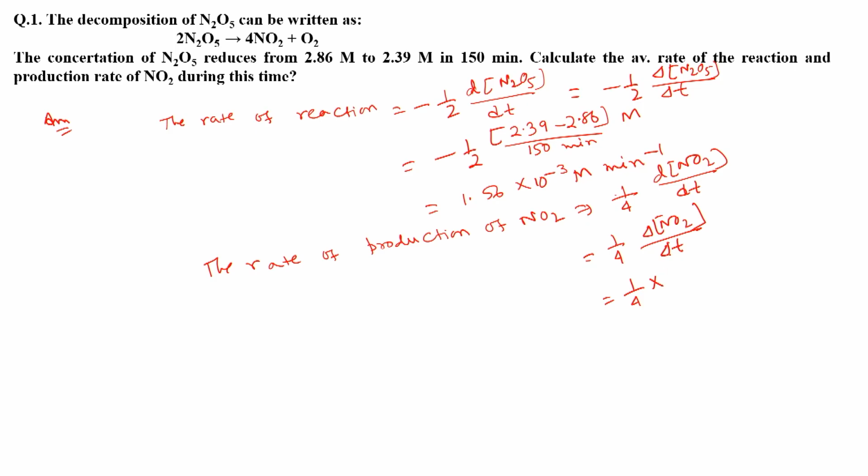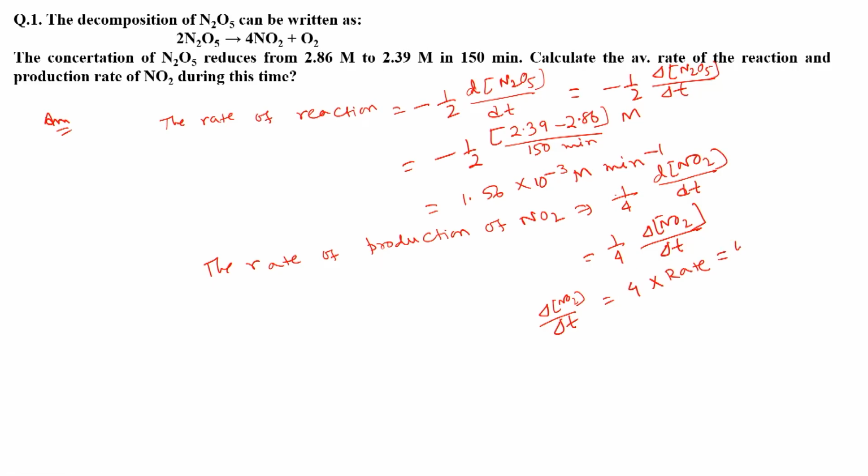Okay, now 2 moles of N2O5 gives 4 moles of NO2. So per mole of N2O5, it gives you 2 times of NO2, right? So what is the change? Okay, we need to calculate delta NO2 by delta t, which is 4 times the rate of formation, so not 1 by 4, you get 4 times rate.